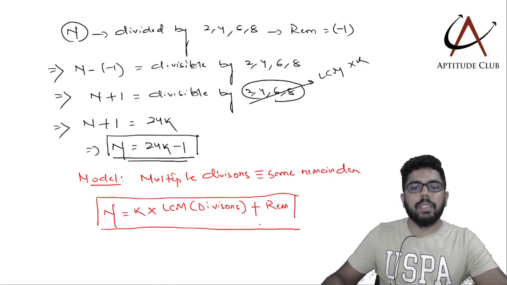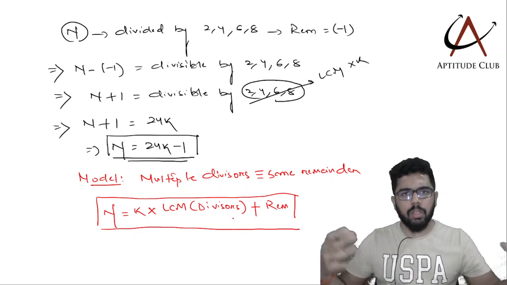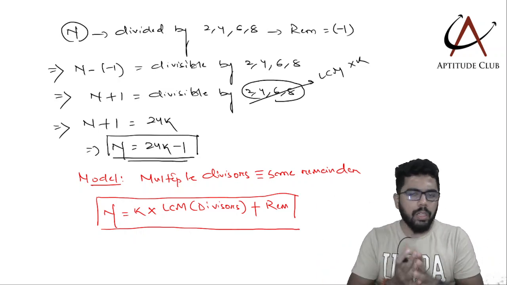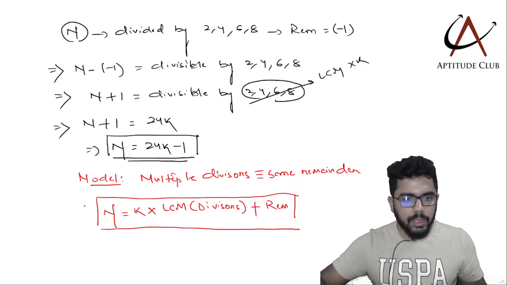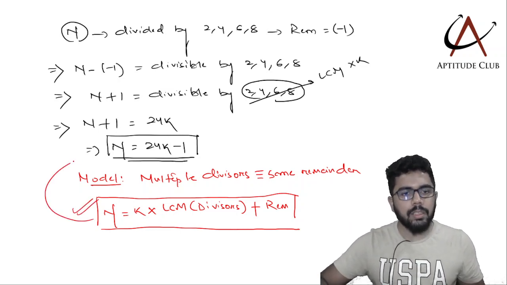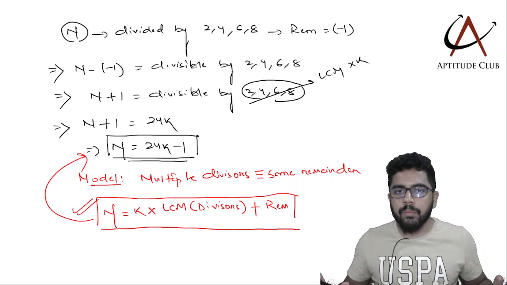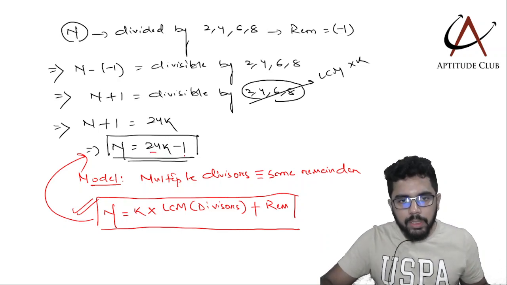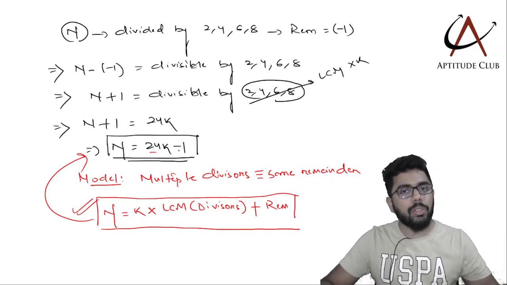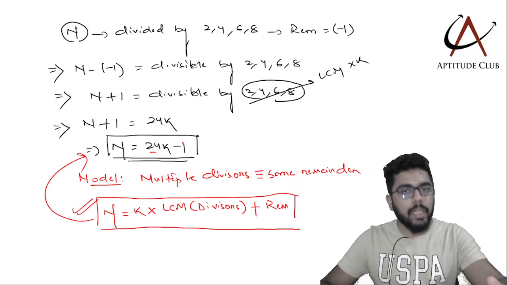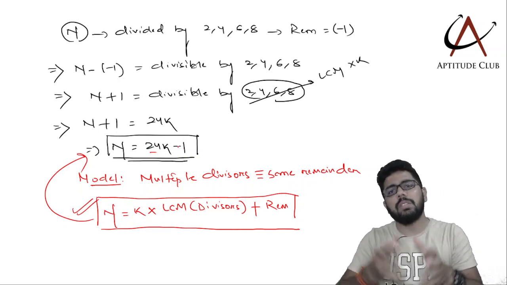Directly we can do this next time without venturing a lot into negative remainders. This was for your understanding, but now that you have understood, next time you see a question, you can directly reach this place instantly. K into the LCM of divisors plus the remainder. Here although it looks as minus 1, because the same remainder is negative in this case, plus the remainder means plus minus 1.